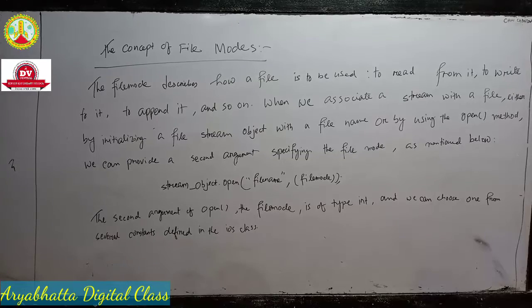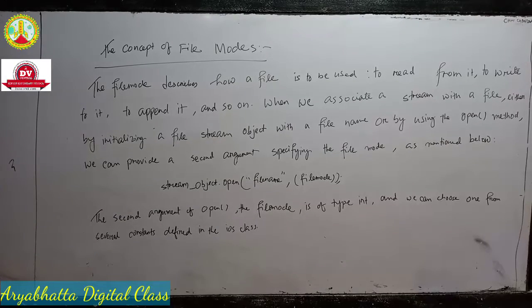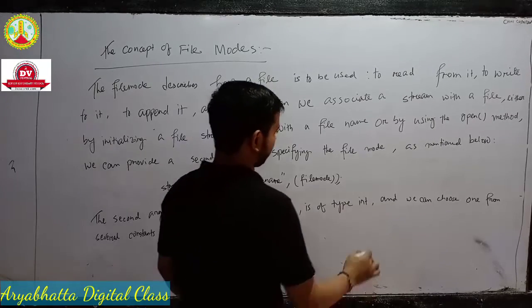This is just an example: stream_object.open. The second argument of open, the file mode, is of type int, an integer, and we can choose one from several constants defined in the ios class. This means we have to define the file mode. As earlier in the example, what file mode did we use? ios::in, okay?